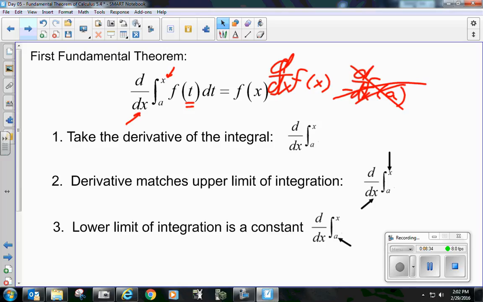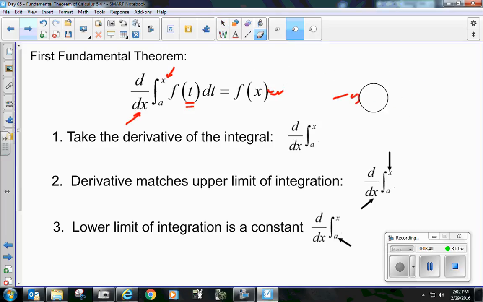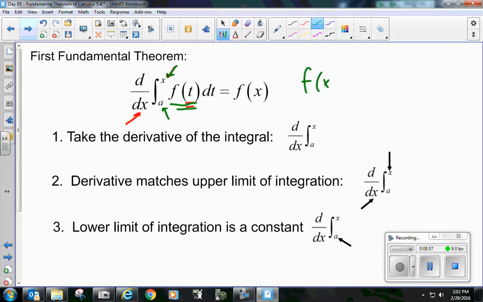So let me walk you through that one more time, slowly, because Alex asked, does it really matter if it's a t or an x? No, you don't have to. If it's only going to confuse you more, then don't. For those of you that are curious, I'm going to show you right now. I'm going to integrate this function from my upper bound x to my lower bound a. That means I take f of x minus f of a.